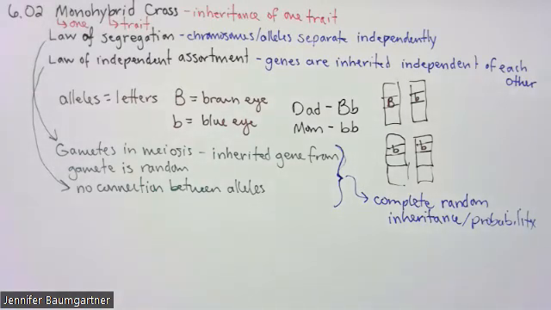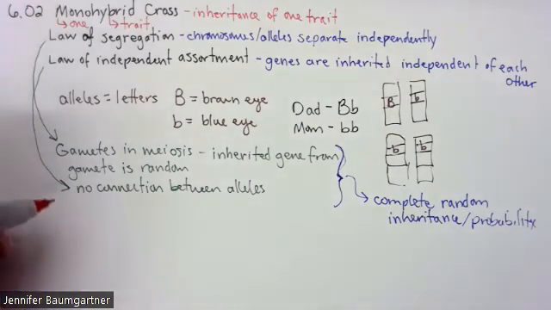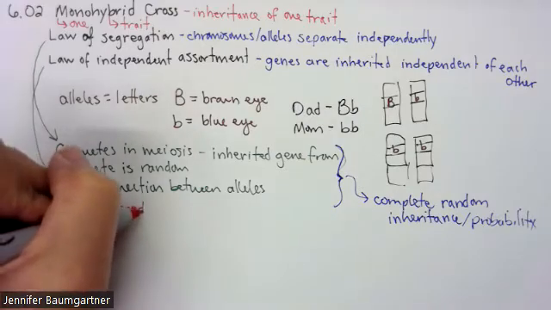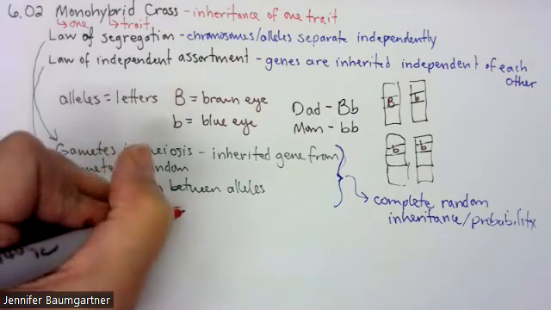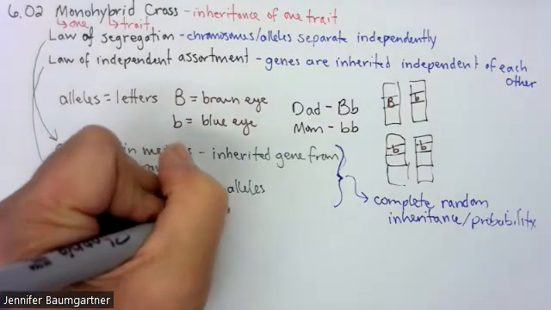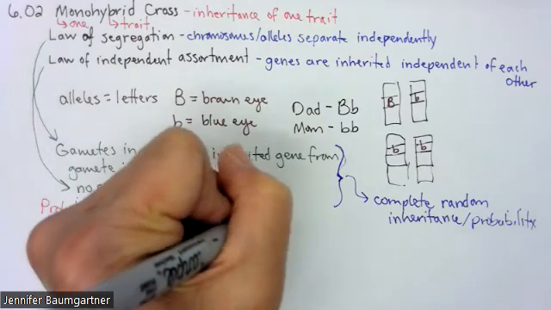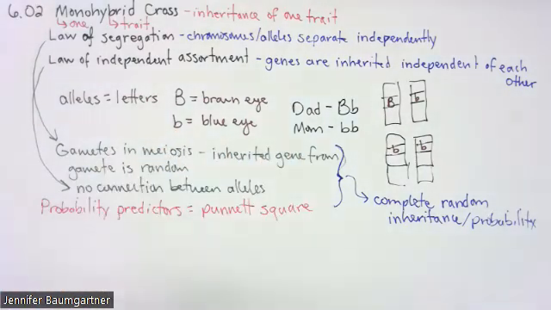Well, one of the ways that we could analyze probability, so one of our probability predictors, is something called a Punnett square. I think it has two T's, I'm not sure. Now, there's other ways you could do probability. There's mathematical calculations, but in biology, we usually use Punnett squares.